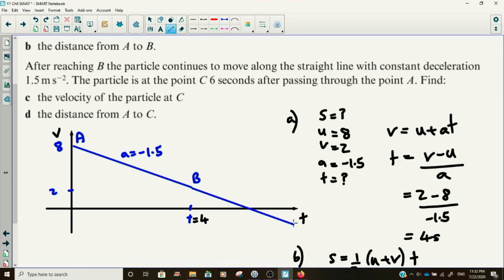So the particle is at point C 6 seconds after passing through the point A. I'm just kind of guessing where this is, but it's a pretty good guess, as you'll see in a moment. So here we have 6 seconds.